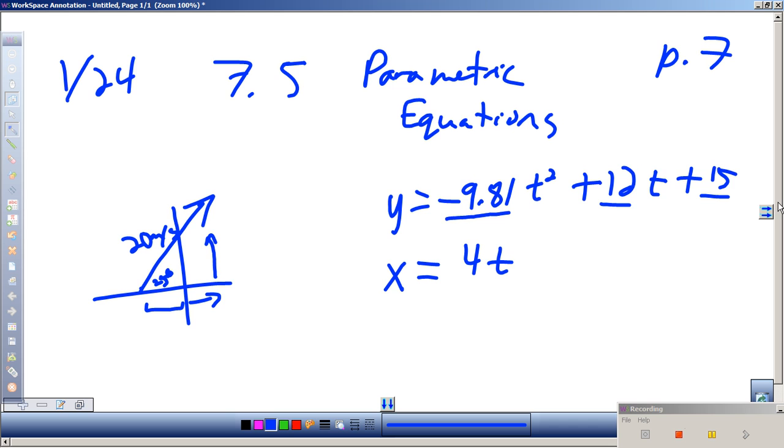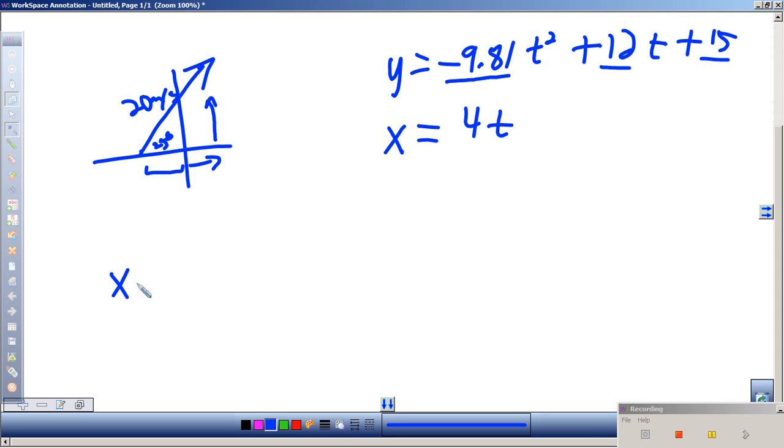I'm going to show you that when we're dealing with physics projectile motion, we have to deal with two different systems. One is the object going straight up and down. The other is going sideways. And we have a nice method for that, and that's using parametric equations. When we deal with parametric equations, we write them in the form x equals f of t and y equals g of t.